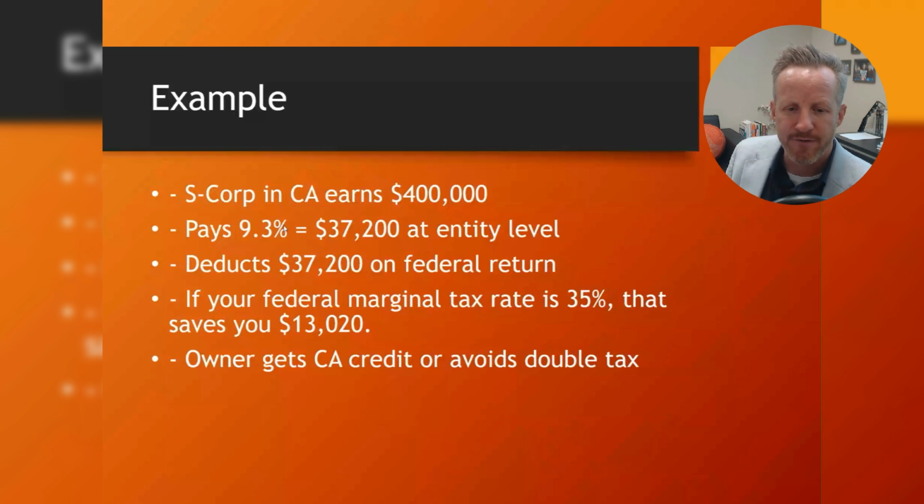And so if your federal marginal tax rate, which is the rate at which your next dollar of income is taxed and your next dollar of deduction is deducted, in other words, on the stair analogy of the stairs being the federal tax code, 10%, 15%, yada, yada, all the way up to 37.5%. Whatever stair you're on, I'm going to say you're on a 35%.